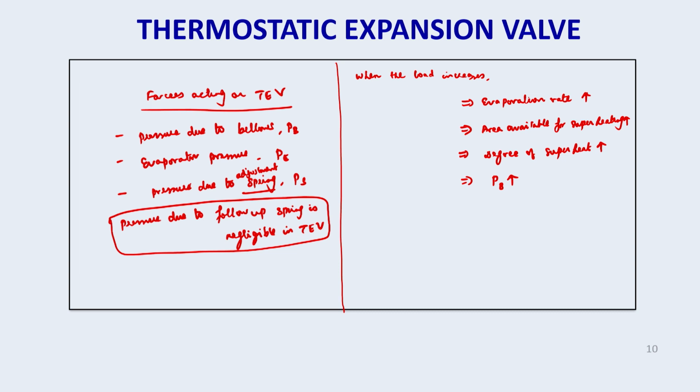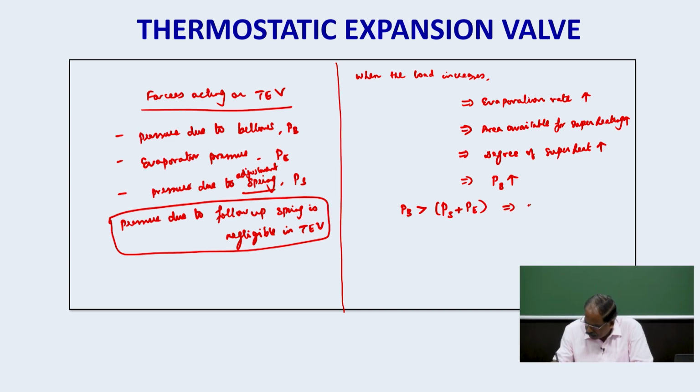And if we see the forces, since PB is increasing, it will be greater than the sum of the adjustable spring force and the evaporator pressure. So the needle will move away from its usual position, the valve will open, therefore the refrigerant mass flow rate will increase, and more refrigerant will be circulated.